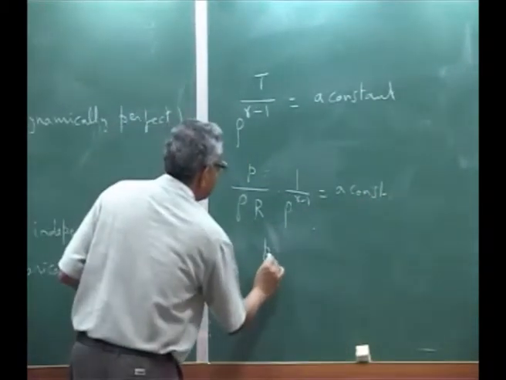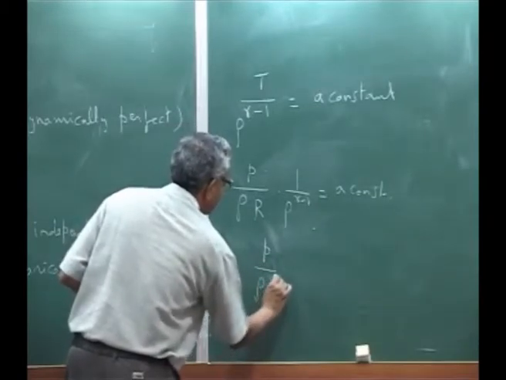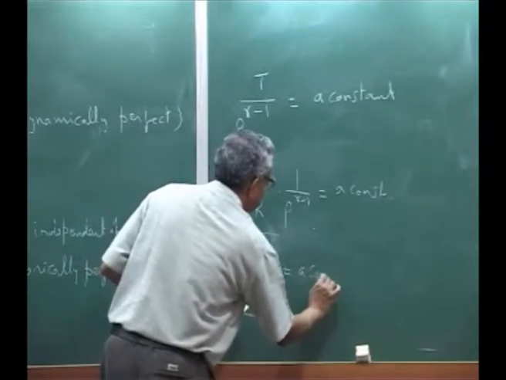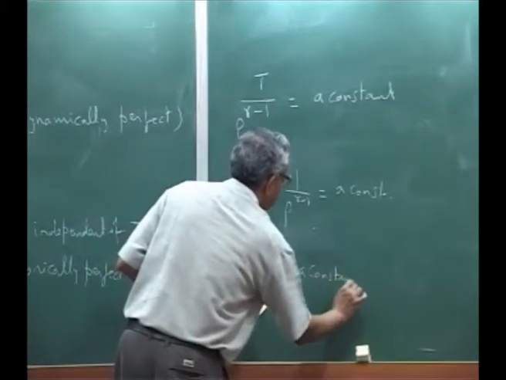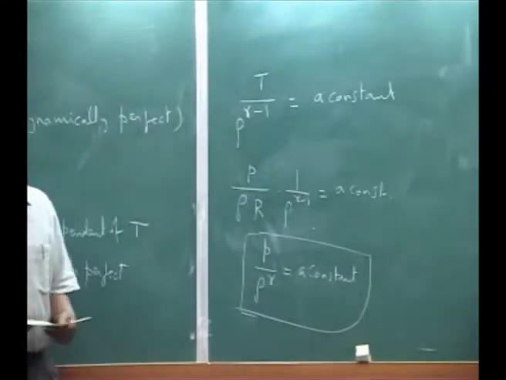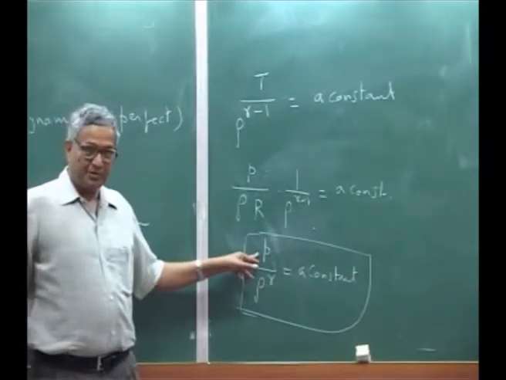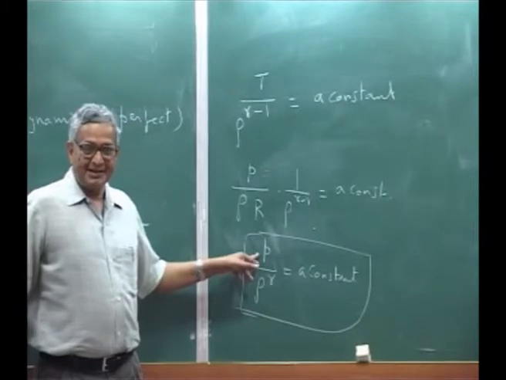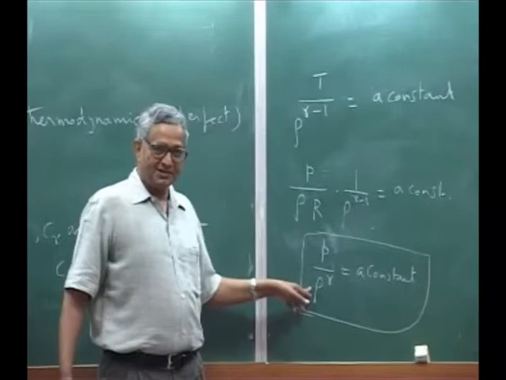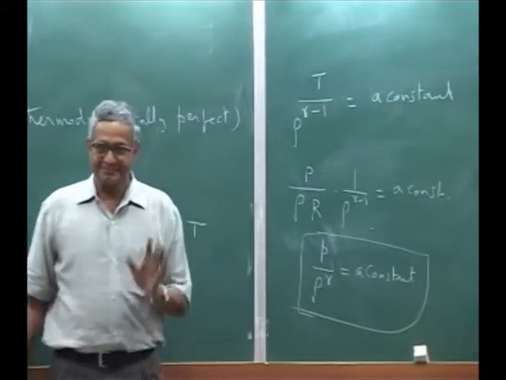Therefore I am going to get p over rho to the power gamma is equal to a constant. Okay. Which says density is only a function of pressure.